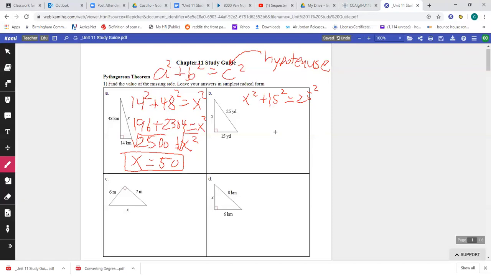So once again, use your calculator here. You get x squared plus 225 is equal to 625. And then all you do from here is now you just solve this equation. You're solving for x, so you're going to subtract 225 from both sides. And so you get x squared is equal to 400.